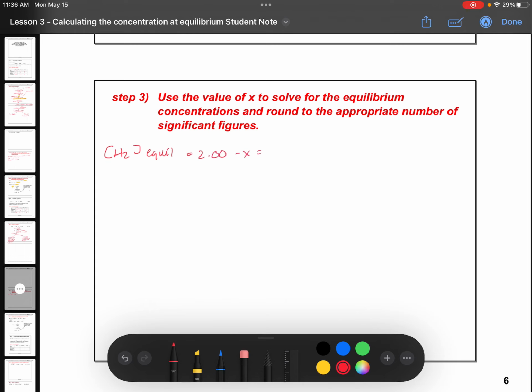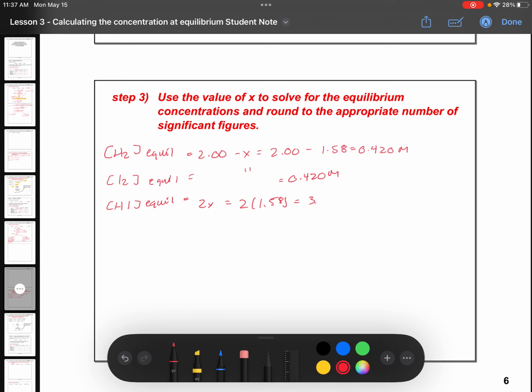So given our information, we have our H2 equilibrium, which was 2.00 minus x equals 2.00 minus 1.58, which is going to give us 0.420 moles. Then we have our I2, which is the exact same thing, so our answer is going to be 0.420 moles.